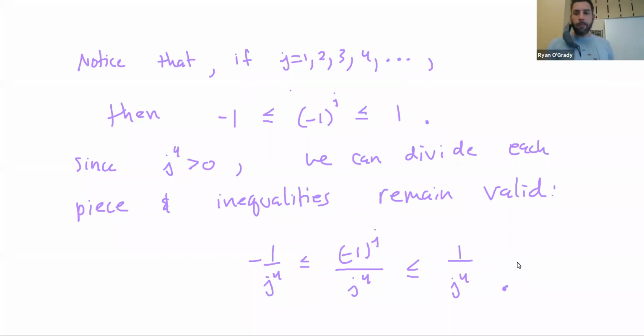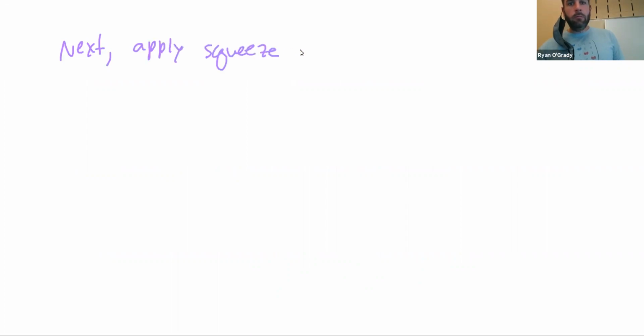All right, so now the next step is to take limits. So we take the limit of each piece. The limit as j goes to infinity of -1 over j to the 4th.